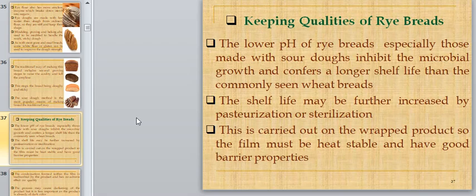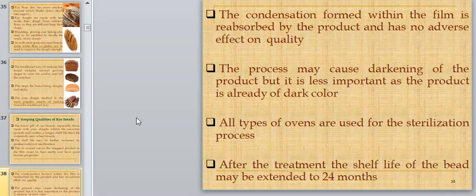But this is the natural process, and we can increase the shelf life of rye breads with different treatments like pasteurization and sterilization. These treatments are carried out on the wrapped product, so the film must be heat stable and have good barrier properties, so that the treatments don't damage the product inside the wrapper.